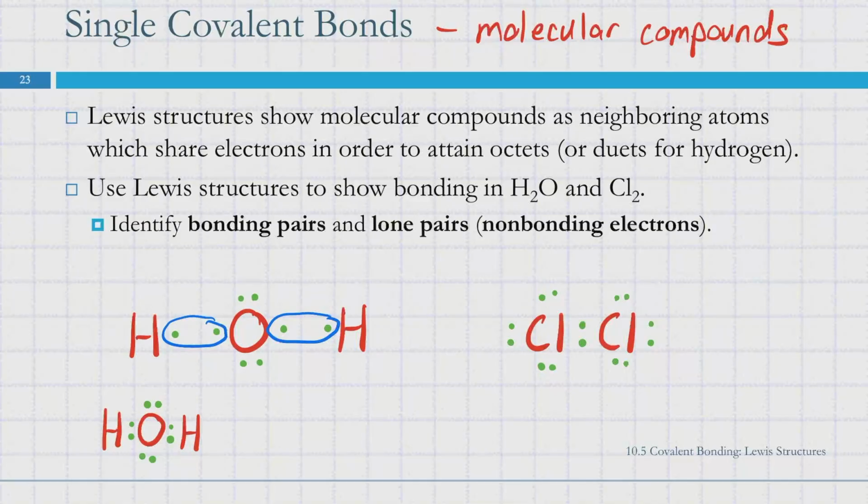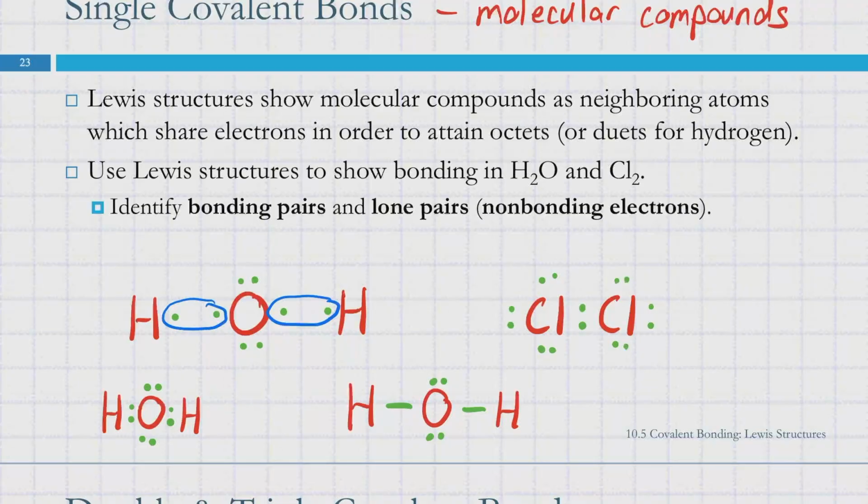So this is what bonding looks like in the structures. We can write them as 2 dots between the symbols, or the way that we're more frequently going to see them, we can draw them in as lines. And drawing them in as lines has some advantages. For example, it helps us quickly see which pairs are bonding and which pairs are non-bonding.